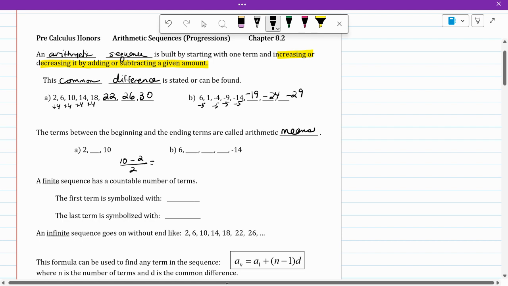So 10 minus 2, since there are two numbers in between 2 and 10. So it'd be 8 over 2, which is 4.